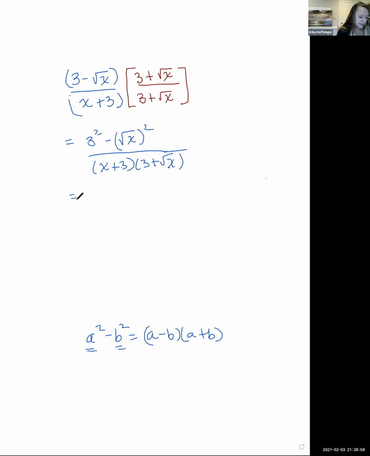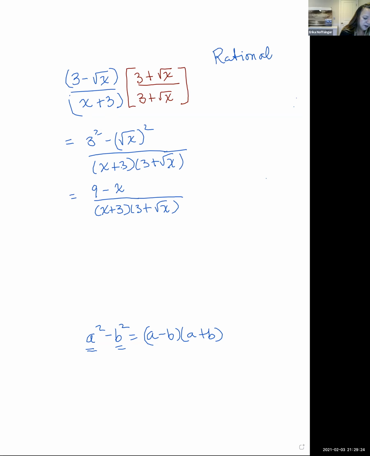If I simplify this, I get 3 squared is 9 minus the square root of x squared is just x, all over the denominator. And so we just got rid of the radicals in the numerator. We rationalized the numerator.